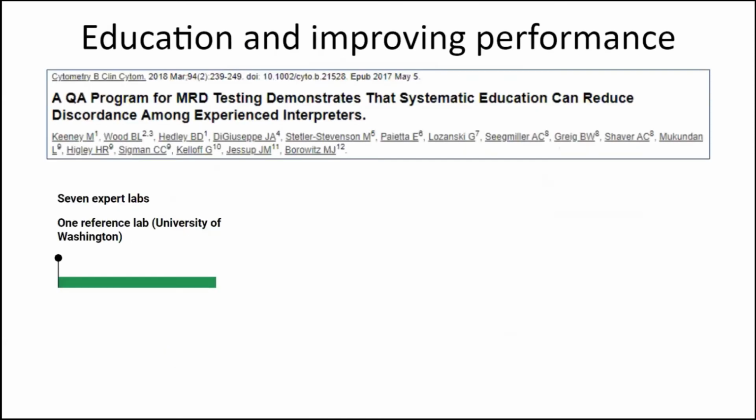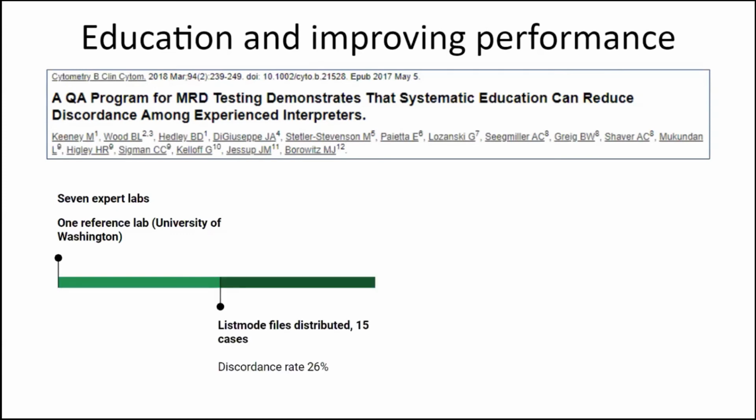To show how a system like proficiency testing can educate laboratories, let's take a look at this paper from 2018. One reference lab and 7 labs that were experts in B-ALL MRD were recruited. The first mailing included list mode files for 15 cases, including low-level positives and negatives.